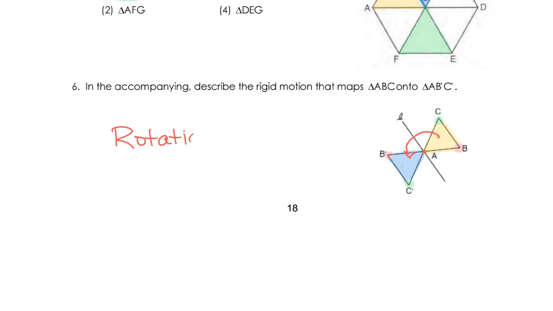If you didn't pay attention to the letters, you might have said a reflection. Okay, and I think they put that line in there to mess with you. So it's a rotation around A of 180 degrees. And there's our rigid motion. All right, hopefully that helps, guys, and I'll see you guys in the next day of notes.